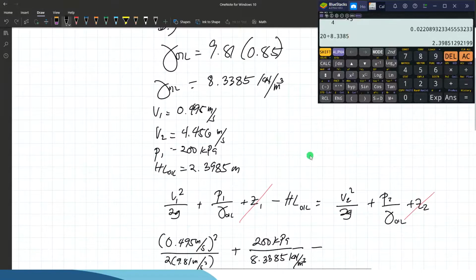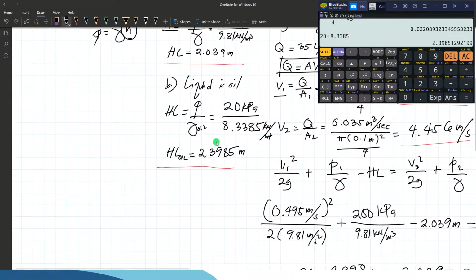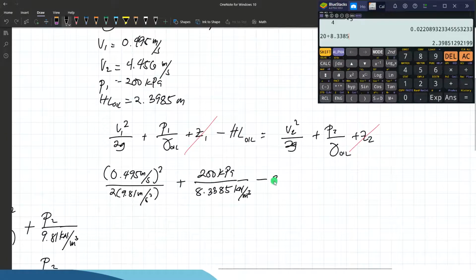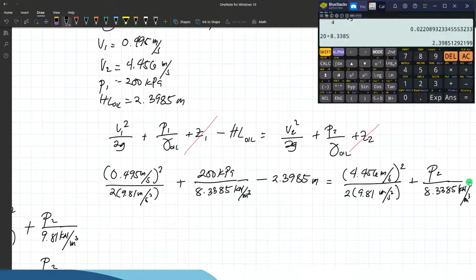Then subtract the head loss, 2.3985 meters, equals velocity at point 2, 4.456 meters per second, raised to 2 over 2 times 9.81 meters per second squared, plus P2, which is unknown, over the unit weight of oil, 8.3385 kilonewtons per cubic meter.